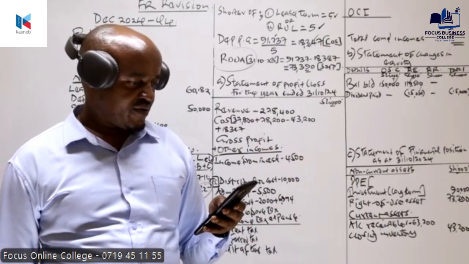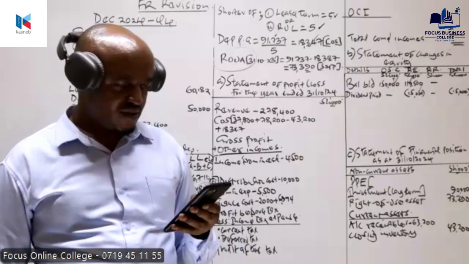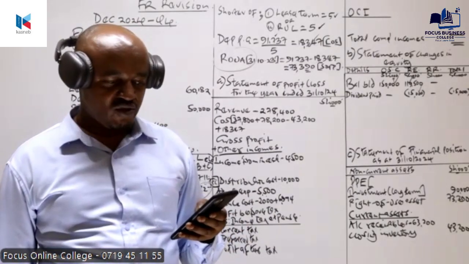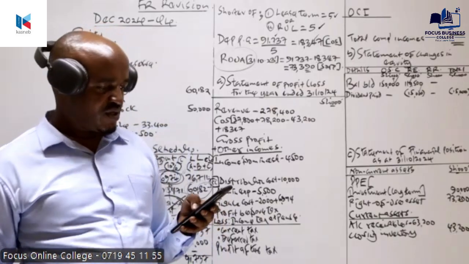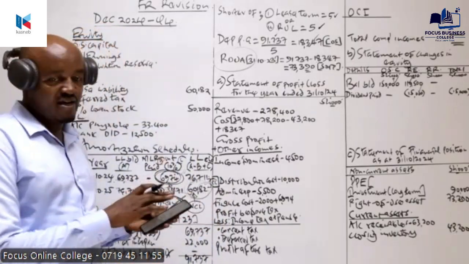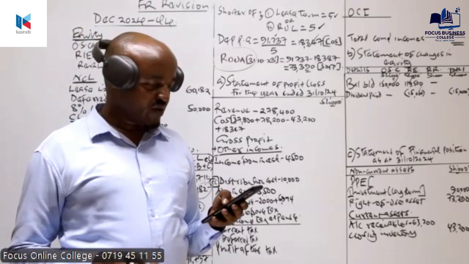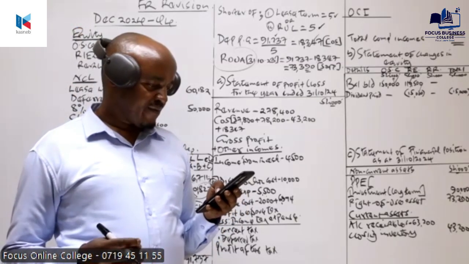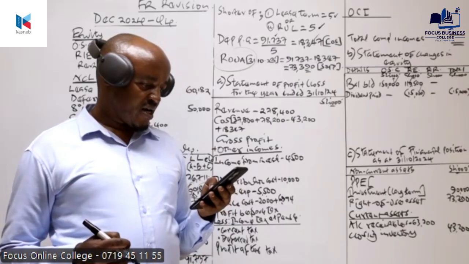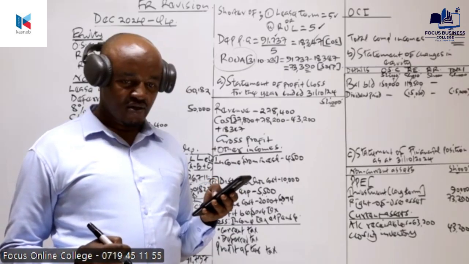Number two, this point has some work. Let's go through it and see what we are told. We are told that land and buildings were purchased on 1st November 2008. This is some time back, because the information given here is for 2024. These assets were acquired some time back in 2008. And you're told the cost of land at the date of purchase was 70 million.